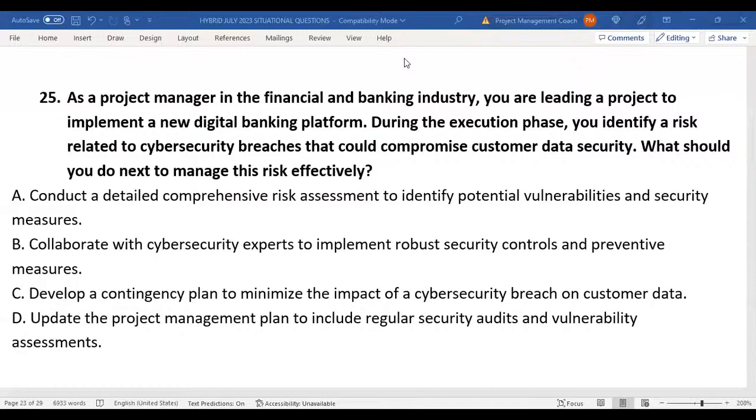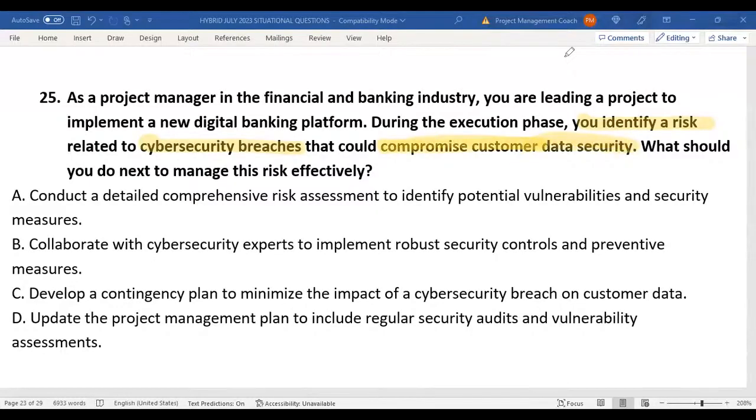All right, so let's examine the question. I'll point out a few things by using the highlighter. As a project manager in the financial and banking industry, you are leading a project to implement a new digital banking platform. During execution, you identify risk related to cybersecurity breaches that could compromise customer data security. Oh dear, this could be really bad if it does happen.